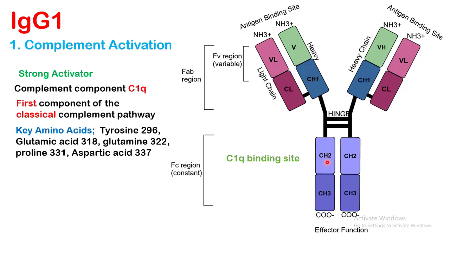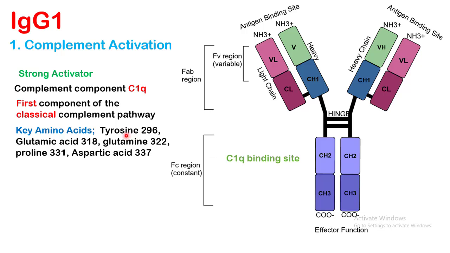The reason is that there are some key amino acids like the tyrosine 296, the glutamic acid 318, the glutamine 322, the proline 331, the aspartic acid 337. Now these key amino acids are actually providing a strong binding site for the C1q and hence the activation of the classical complement pathway.